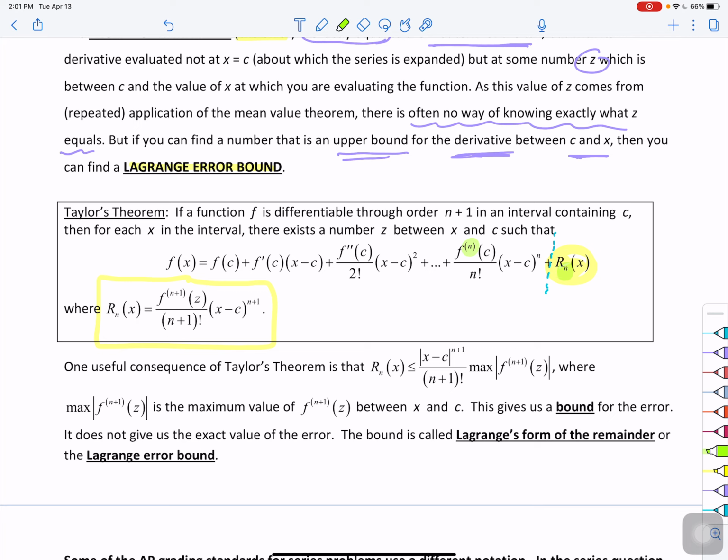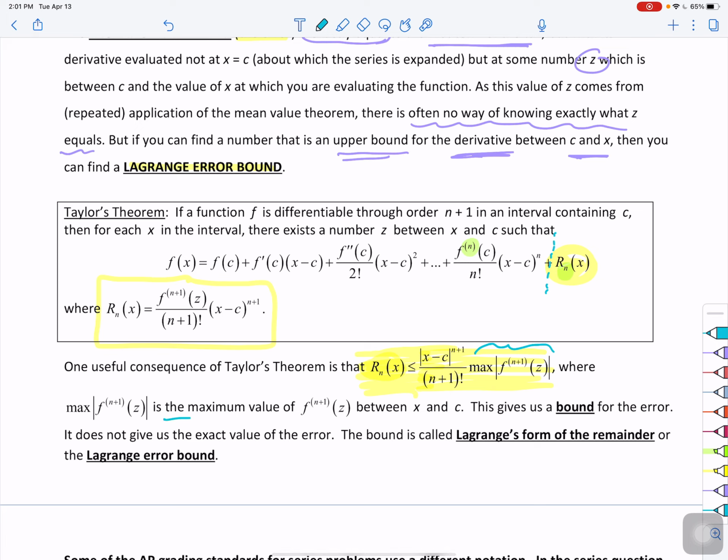Now, one useful consequence of Taylor's theorem is that this remainder here is going to be bounded by this expression. Now, it looks very confusing, but we will use it and it won't be so bad, okay? The only real new thing is this maximum value of the n plus 1th derivative evaluated at z.